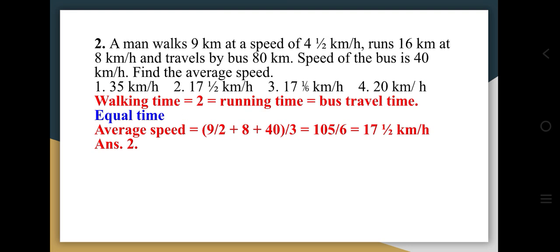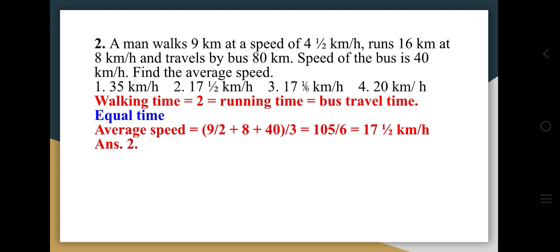A man walks 9 km at a speed of 4.5 km per hour, runs 16 km at 8 km per hour, and travels by bus 80 km. The speed of the bus is 40 km per hour. Find the average speed.